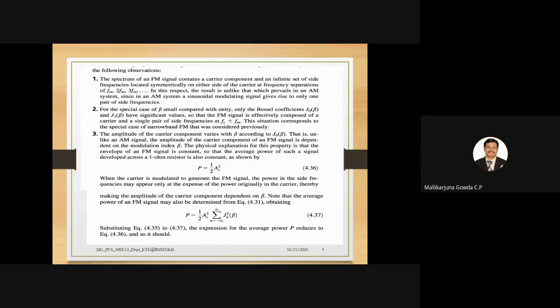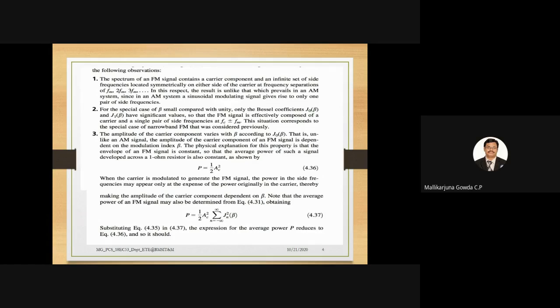See, the spectrum of the FM signal contains the carrier component, right, and an infinite set of side frequencies, and they are located symmetrically on either side of the carrier at frequency separations of what? FM, 2FM, 3FM, and so on. Right?